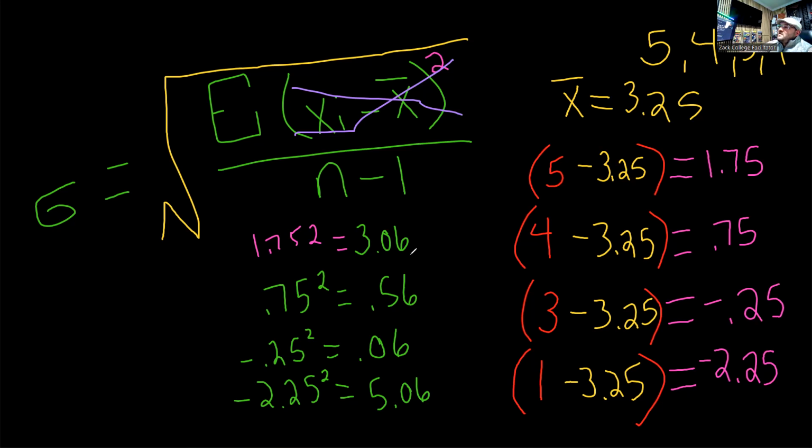So as I'm going through, 3.06, 0.56, 0.06, 5.06. That's what this is saying. This is saying the sum of these equations, right? So when I add these values together, what do I get?